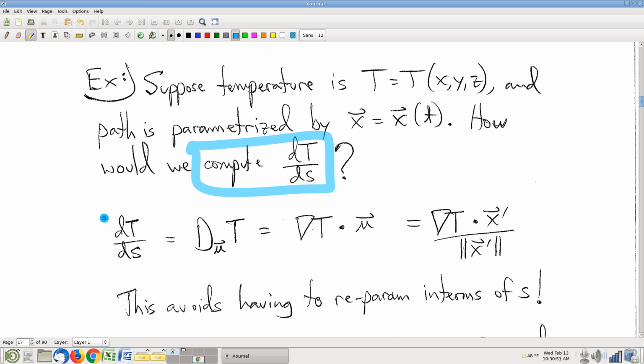Well, good news. dT/ds, we already know, is computed by the directional derivative. So independent of how fast I'm moving, if I want to know the rate of change of temperature per unit distance traveled along my path, something absolutely intrinsic to the picture of what's going on with temperature as it relates to this curve, independent of my own personal experience, dT/ds is that thing.